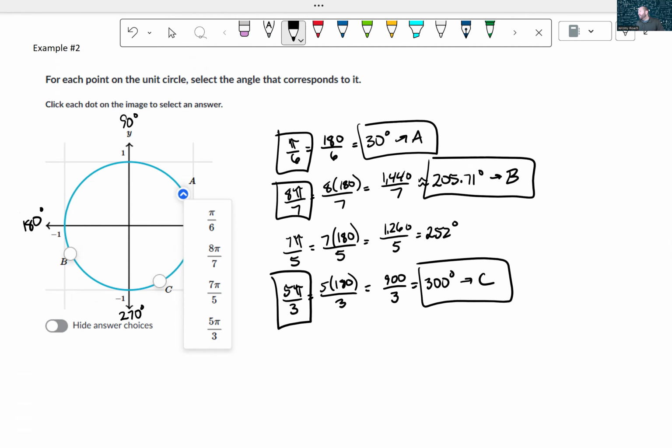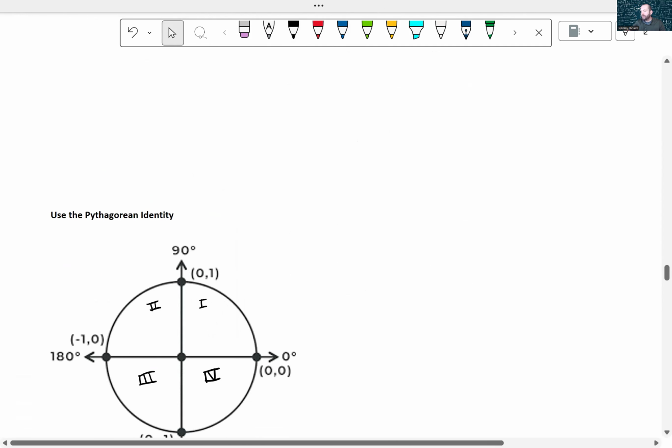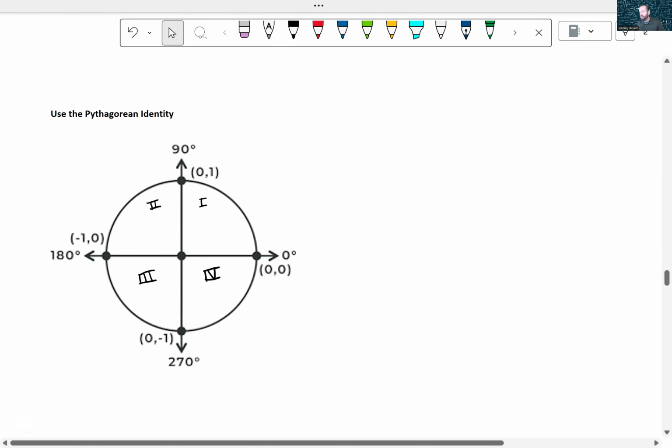All right, the next part is the Pythagorean identity. And here I just showed us a quick example of the unit circle using just the quadrants and the 90, 180, 270, and 360 degree marks on there.